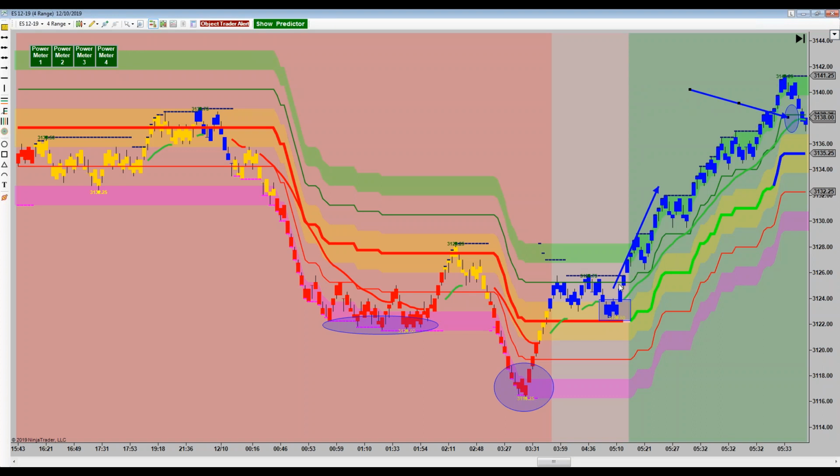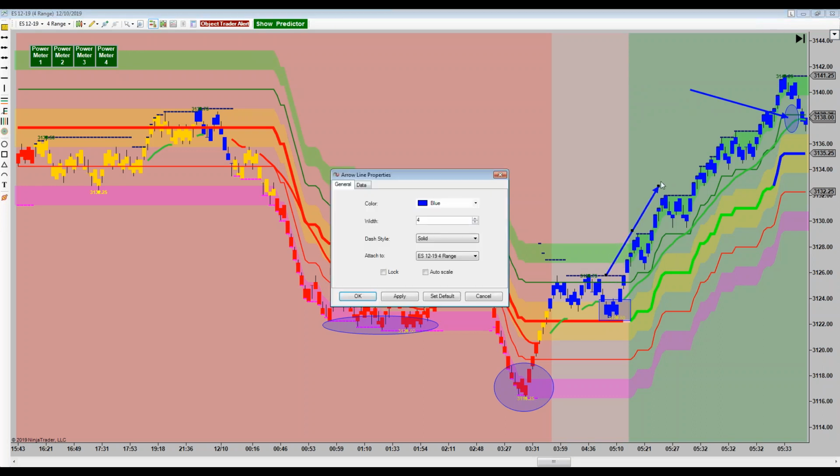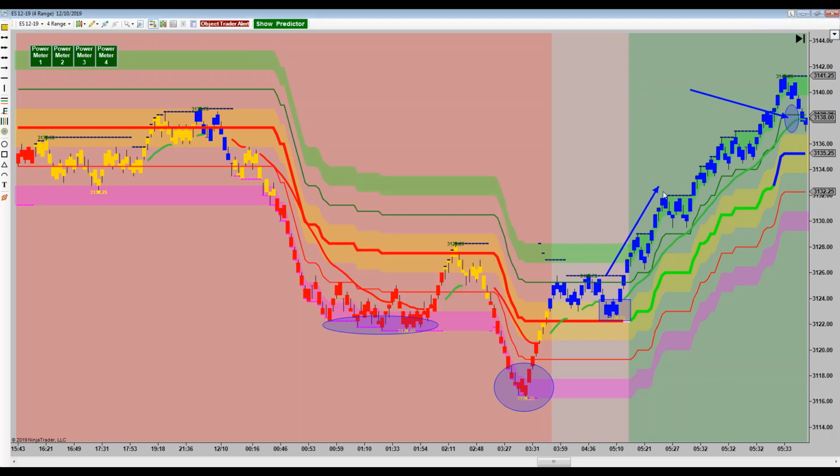Let me just continue our arrow up so you can envision what I'm talking about. Now, in this whole thrusting move up, have the bars ever breached through the green thin line 6 or the stealth line in the whole thrusting move up? Has that ever happened once? No.